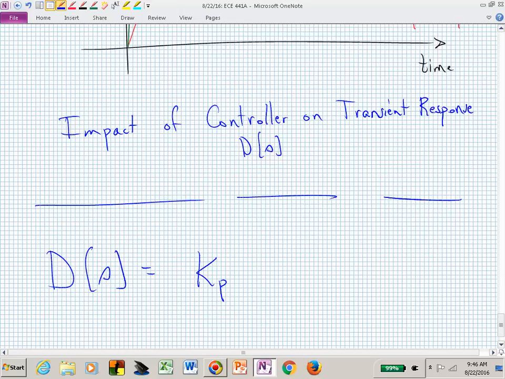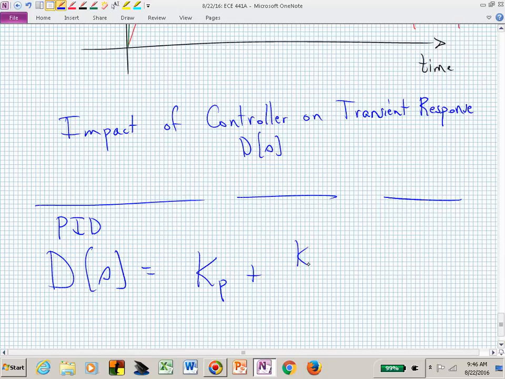You just want the P in PID. Now your controller is just a gain, and you can adjust that gain. So I'll be adjusting knobs a lot in this class, and so will you. With a PID controller, you now have the ability to adjust 3 knobs independently.